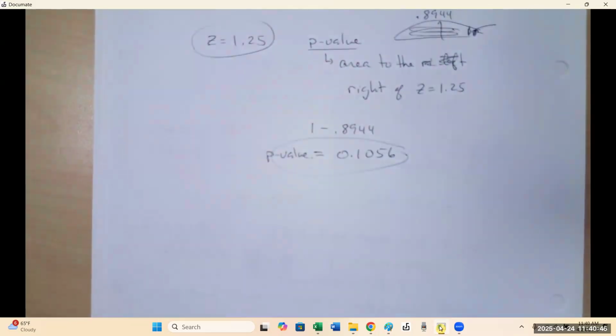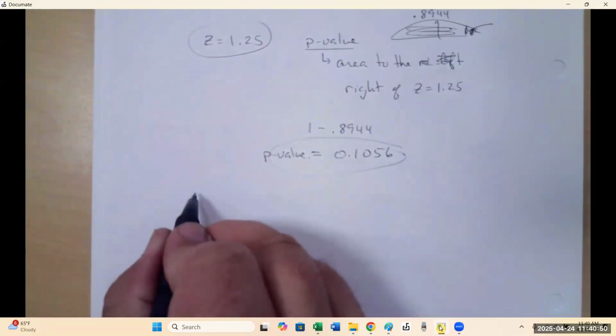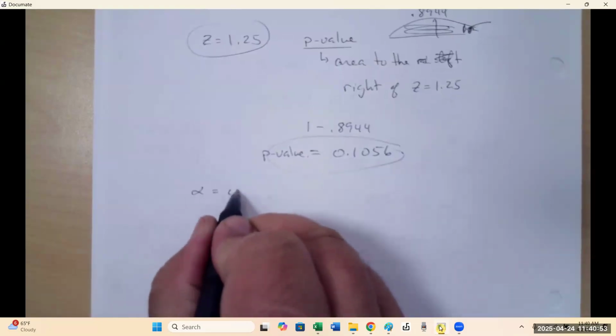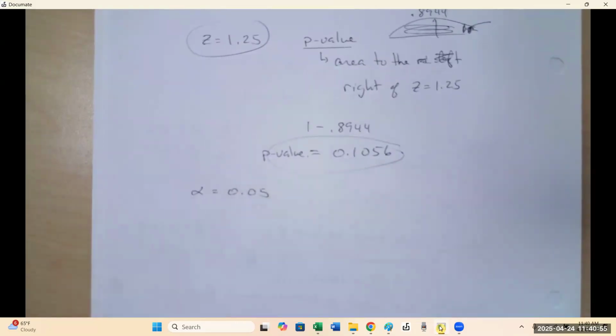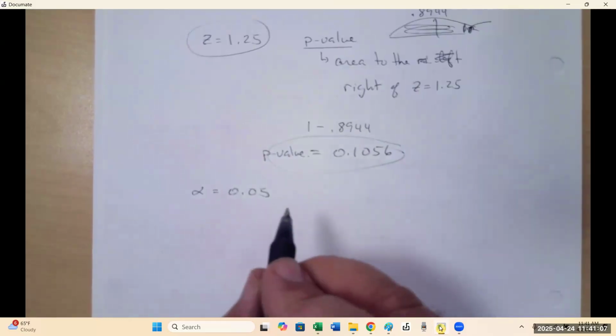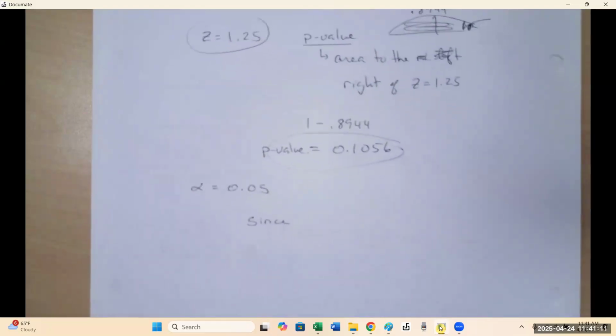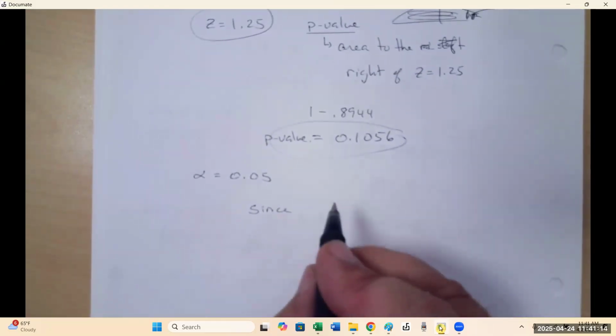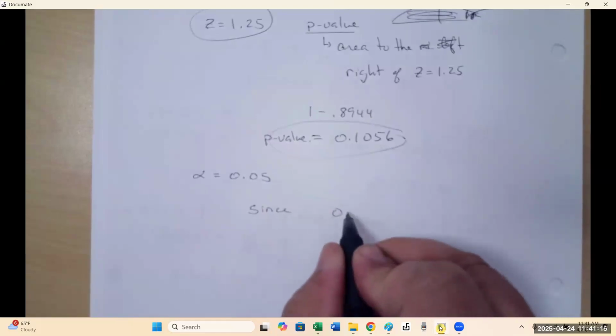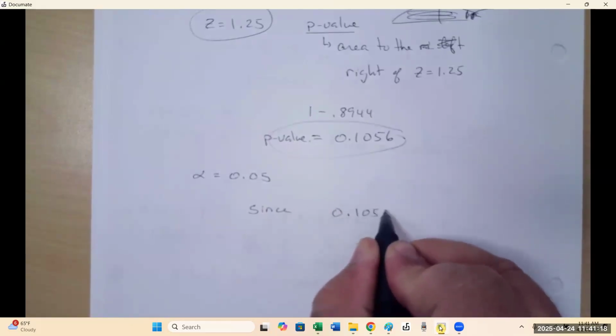Alpha is 0.05. Not high enough to say the certainty that more than.